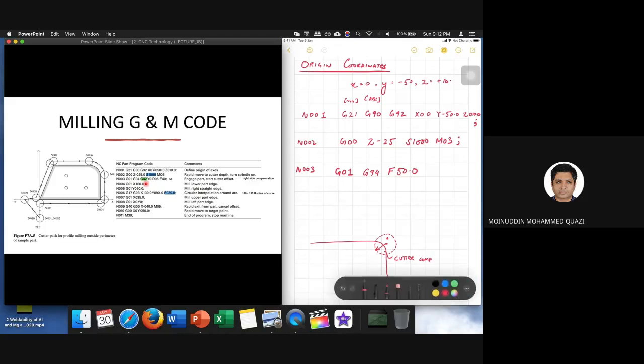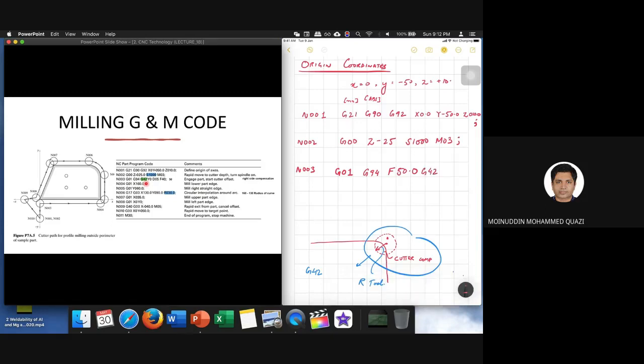That is why we need to have the code G42, which also specifies the radius of the tool. Because now we are doing the peripheral milling, we will write here G42, start cutter compensation.